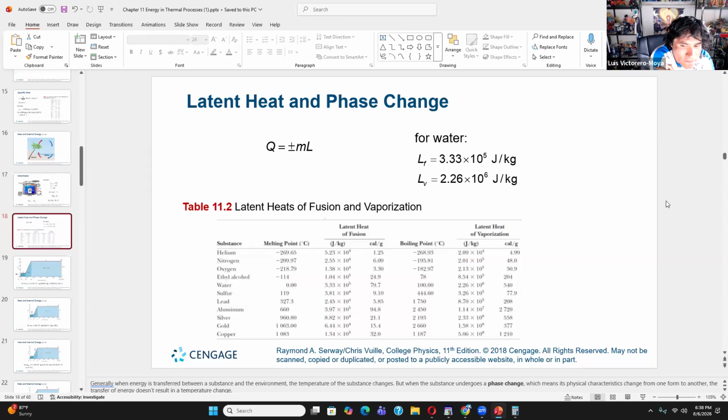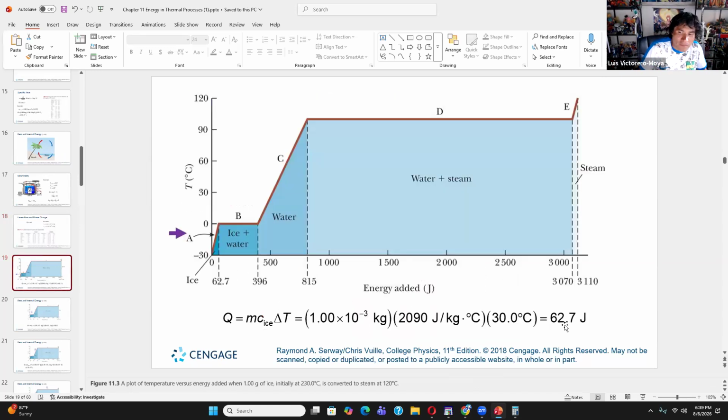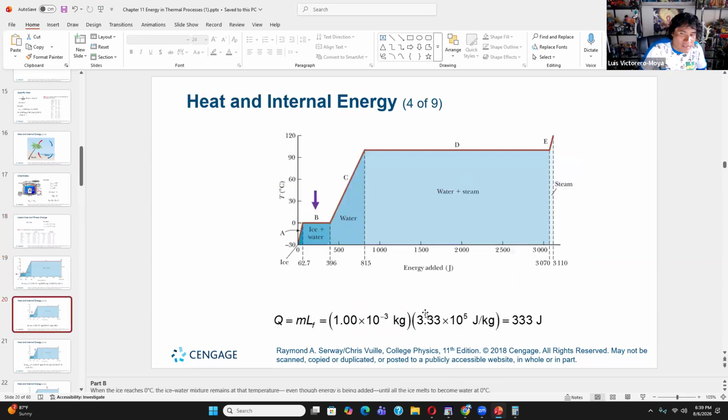All right. For water, and this is interesting, look how much energy you need to melt ice. This was the energy to increase the temperature of ice. The energy to melt the same mass of ice is this. It's way more. It's 5 times more.